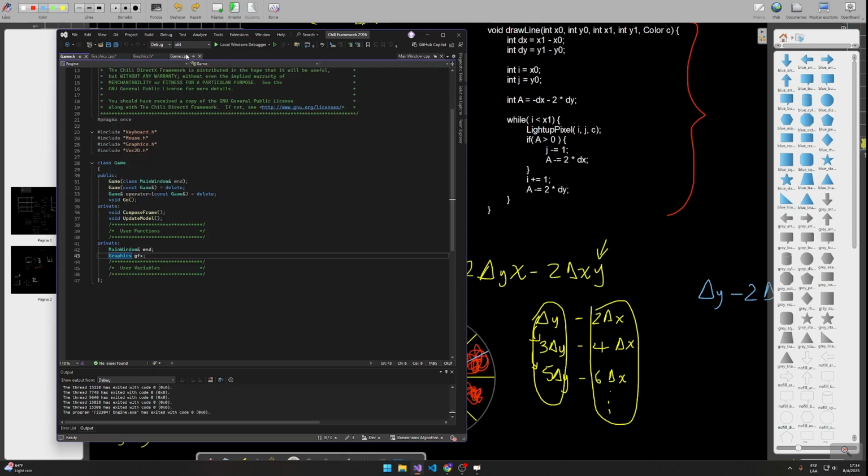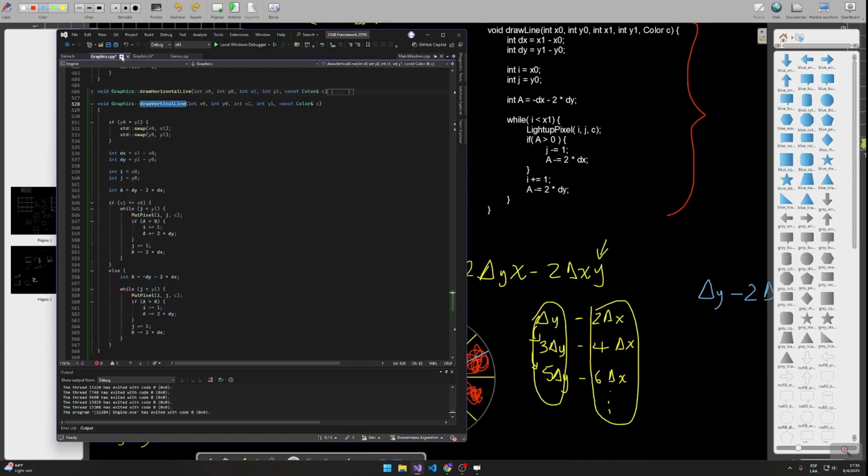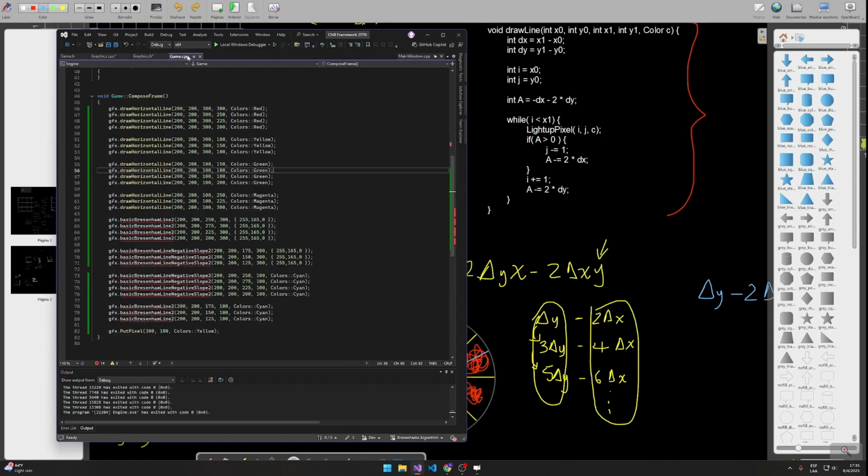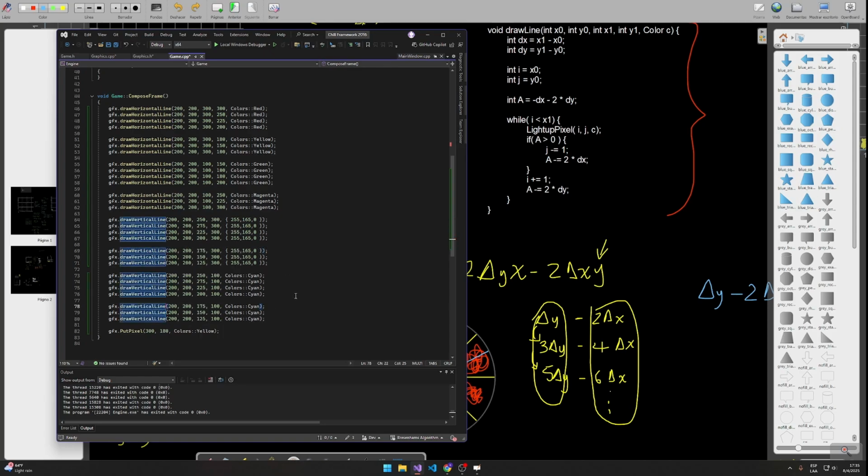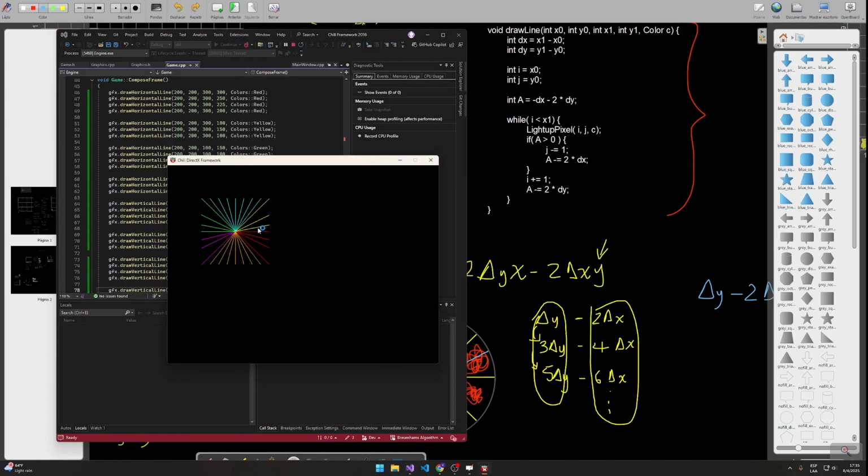So what was the name? Draw vertical line. Okay, now draw vertical line and draw vertical line, if I'm not wrong. And here you have it.